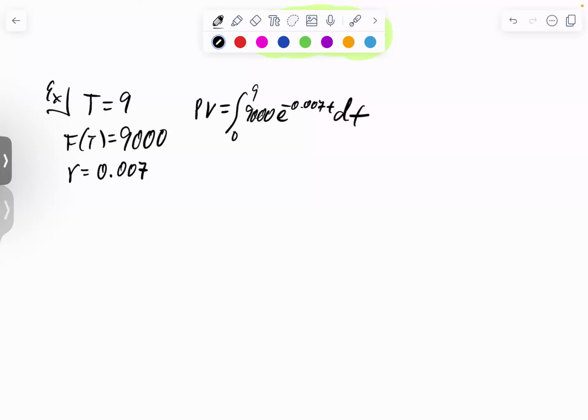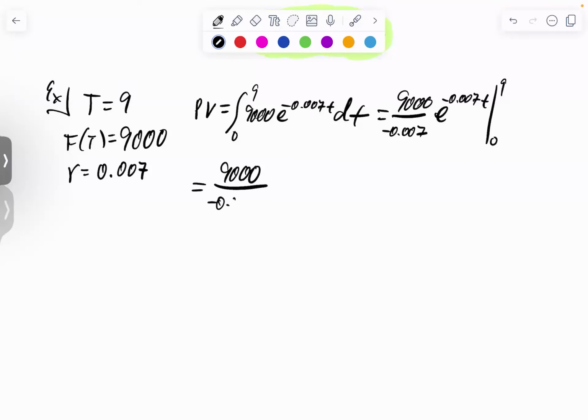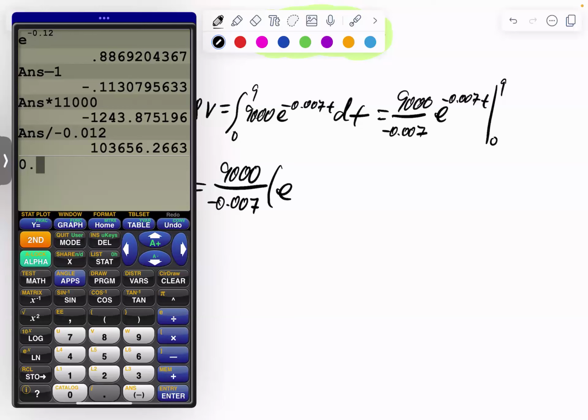And remember, when we integrate that, we're going to get that 1 over negative 0.007, from 0 to 9. And I'm going to figure out what 0.007 times 9 is.